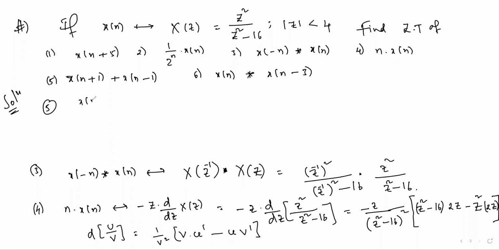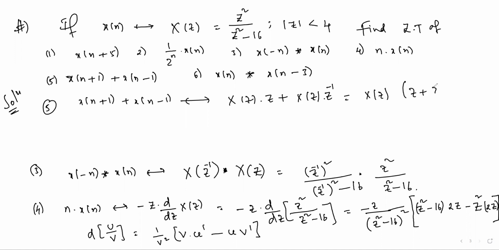X of n plus 1 plus x of n minus 1, z transform, x of z multiplied by z plus x of z multiplied by z inverse. We take x of z common, z plus z inverse. So we can substitute x of z, z square by z square minus 16 multiplied by z plus z inverse. We can simplify further based on the options.